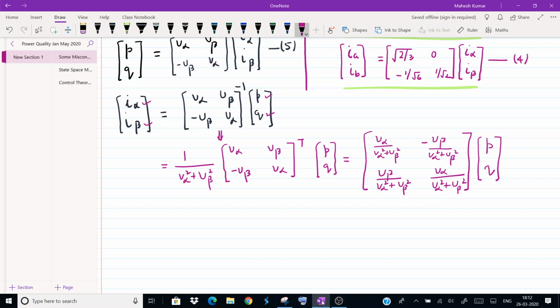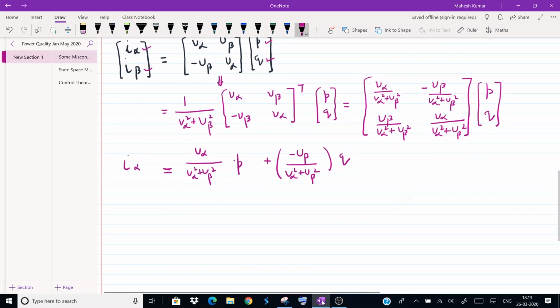In other words, we can write this equation further like this: I alpha equals B alpha by (B alpha square plus B beta square) into P, plus minus B beta by (B alpha square plus B beta square) into Q. And if you remember, these two terms also have been explained earlier.